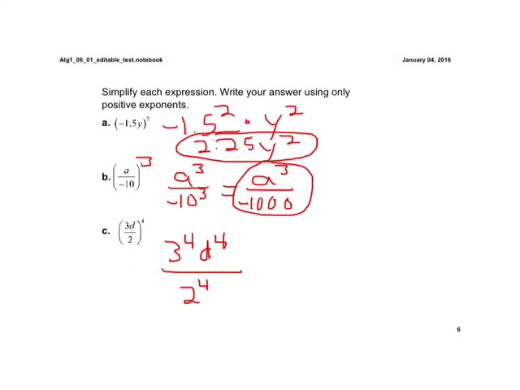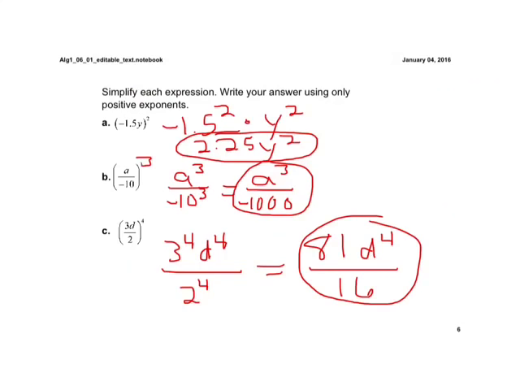Now, 3 to the 4th power, if we do the math there, we get 81. D to the 4th, we're going to leave the same. And that's all going to be divided by 2 to the 4th power, which ends up being 16. Okay, the 81 and 16, we can't simplify that at all. So we're going to leave it just how it is. And here's our answer.